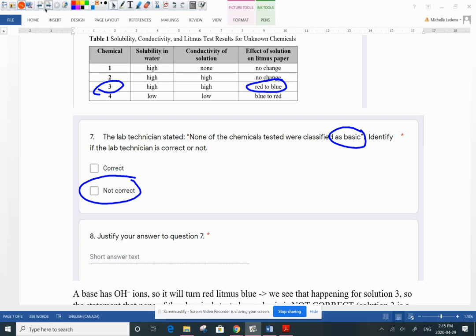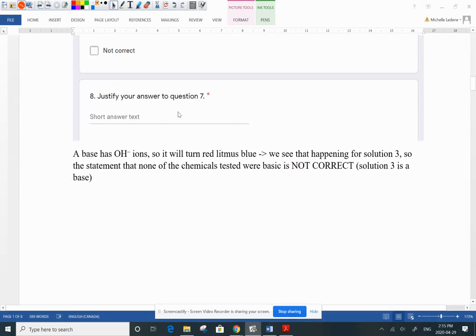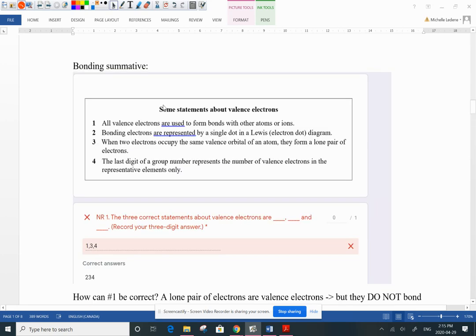The reason why it is basic, well, bases are basic because they have hydroxide ions. So somewhere in your justification, you should have talked about red litmus turning blue because of hydroxide ions.